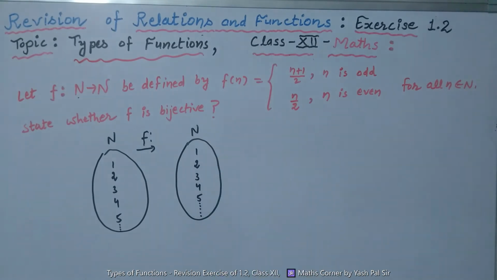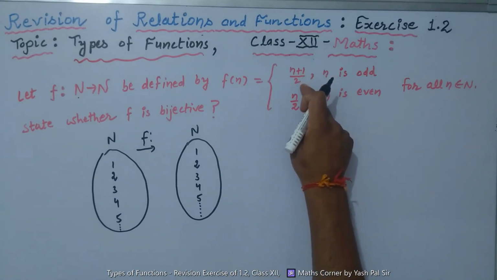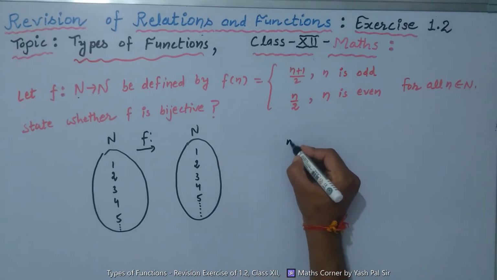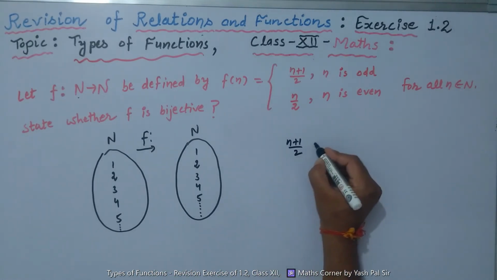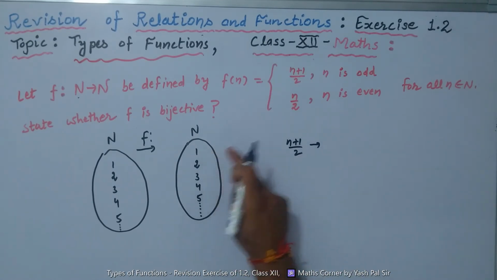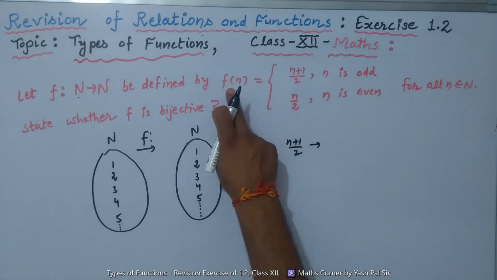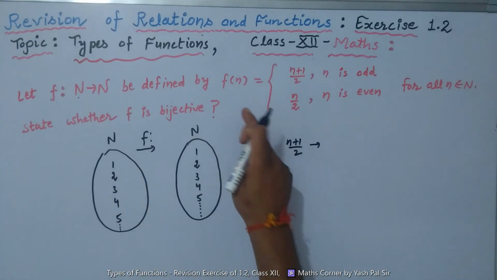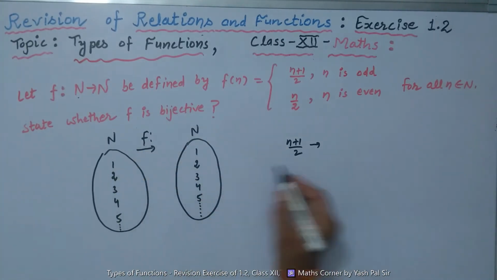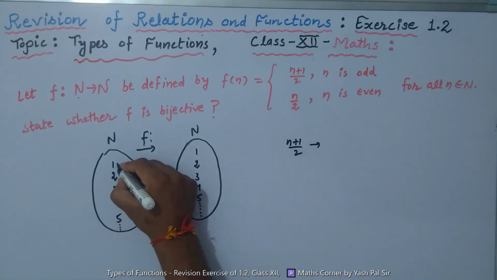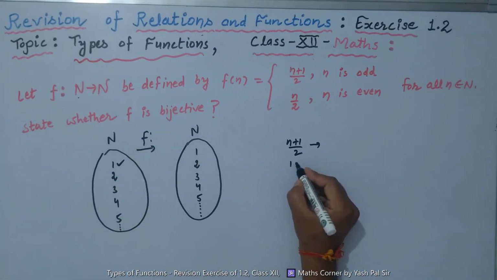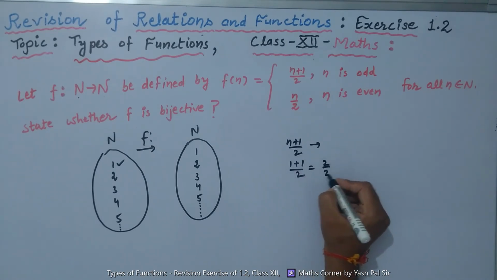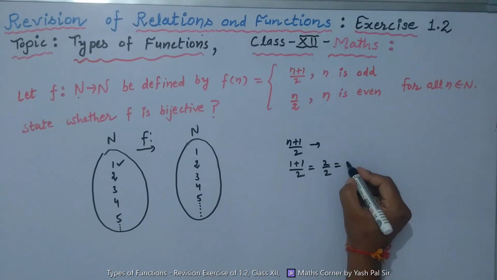f of n is equal to (n+1)/2 when n is odd. So first of all, (n+1)/2 when n is odd. What is f of n? f of n means the image of n. So if we take the first odd number, 1 plus 1 upon 2 becomes 2 upon 2, which is equal to 1.